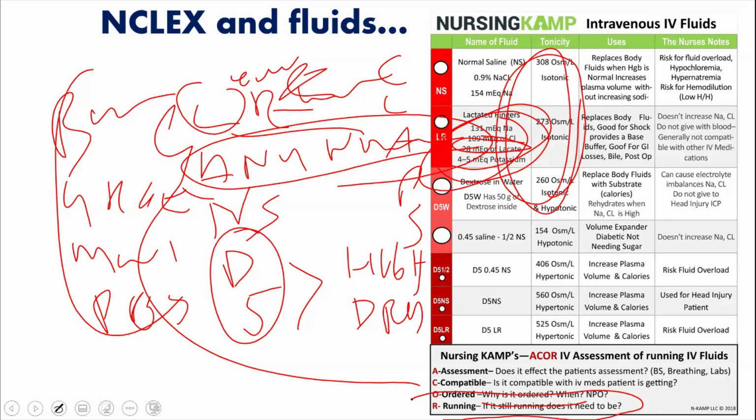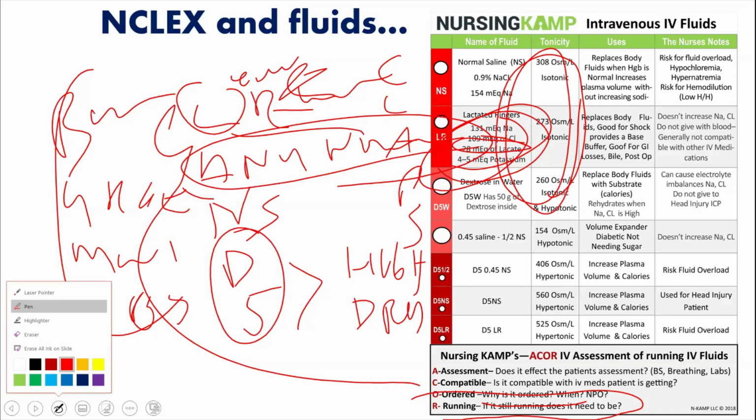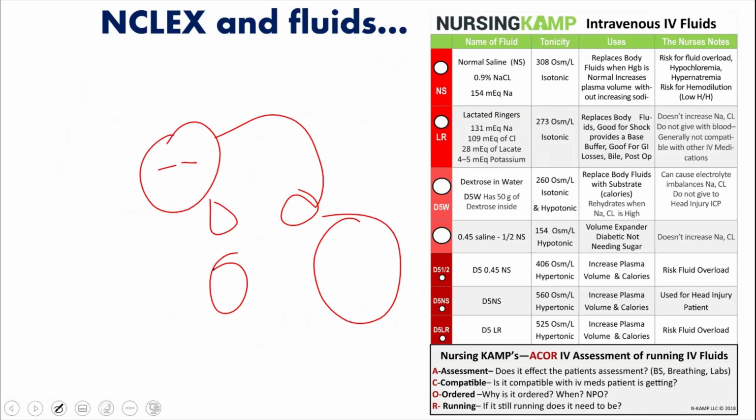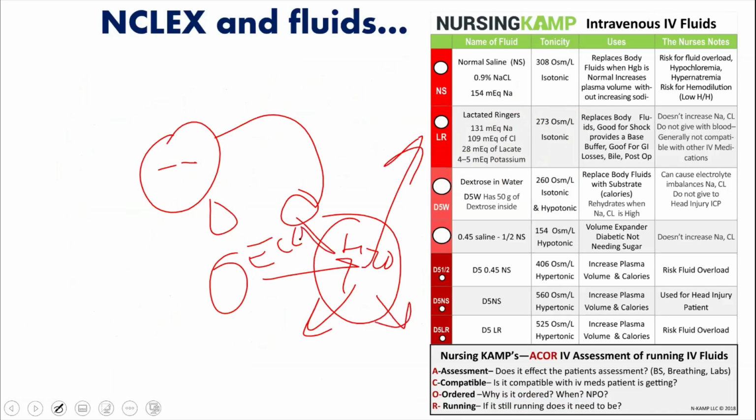Then we moved into hypotonic. So hypo, right? It makes the cells swell. All this fluid that's out here in the ECF suddenly goes into the cells, and the cells start to swell up. And that's problematic, right?